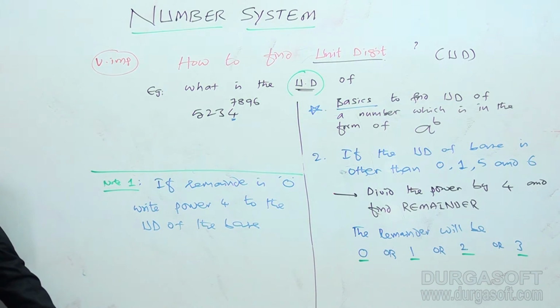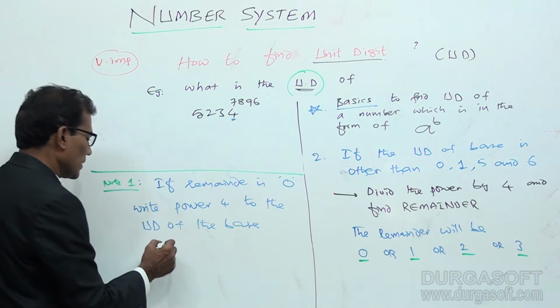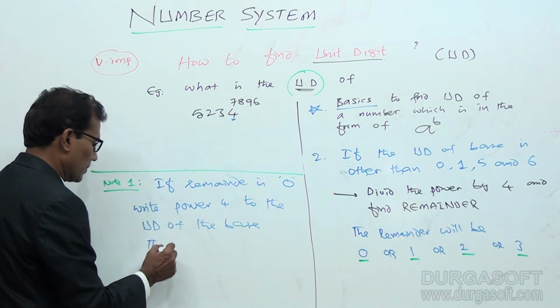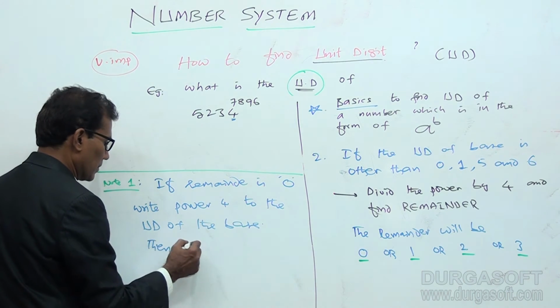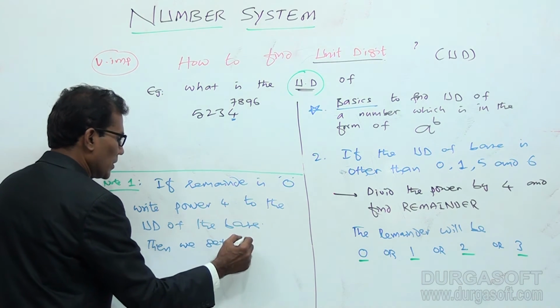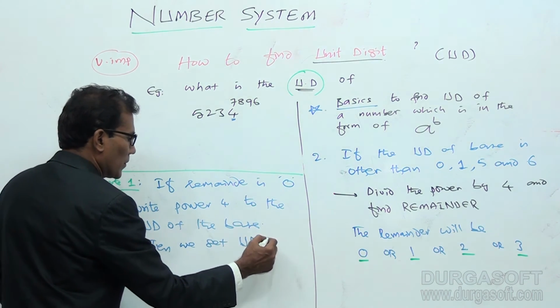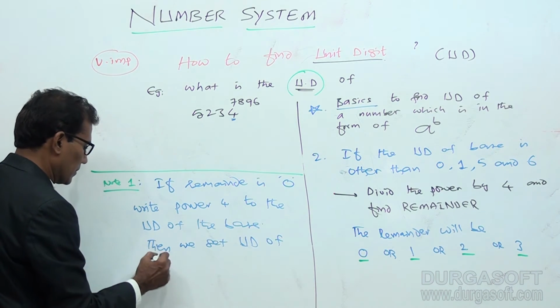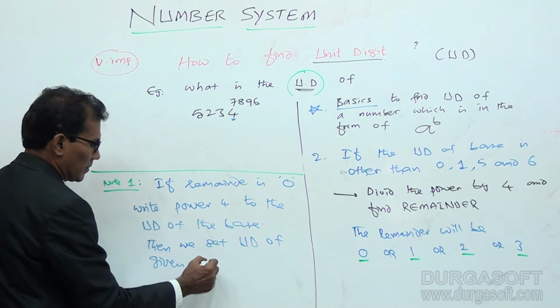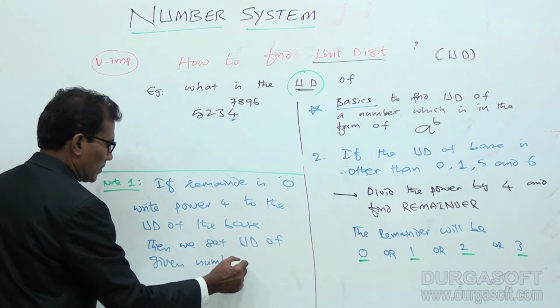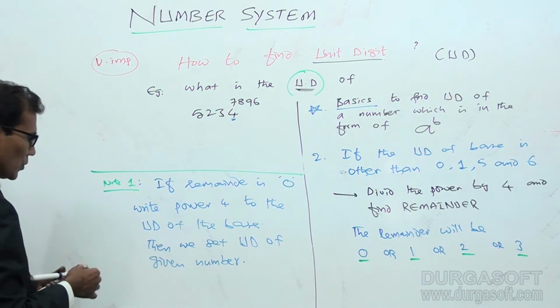Write power 4 to the unit digit of the base, then we can find out the unit digit of the given number. And note 2.